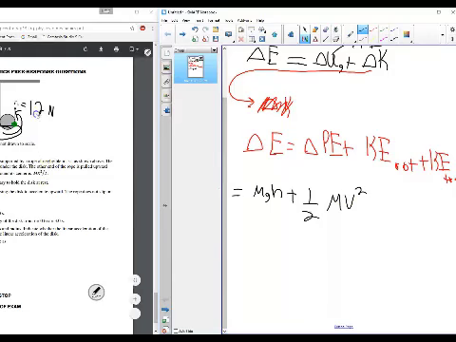Even though, like I said before, you have that initial 12 newtons right when it starts, it really is just 0. So that's our VF off the bat. We don't have an initial of some sort.